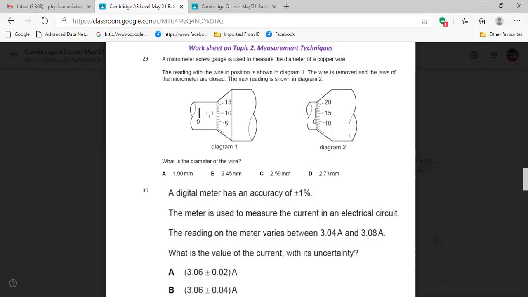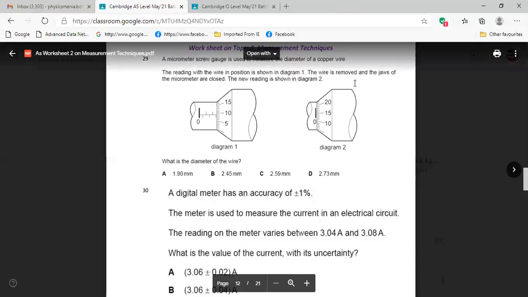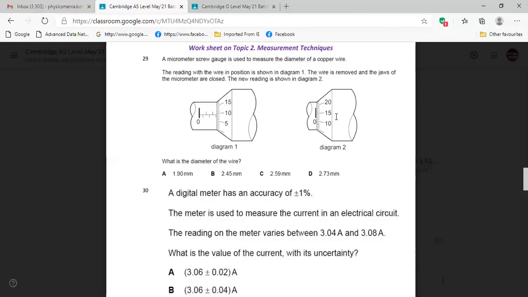So how can we do it now? You have to identify your reading. In diagram 2, what is the reading? In diagram 1, what is the reading? In diagram 2, the reading is 15 maybe, and in diagram 1, it is 9 point. Is it 9.5, sir?